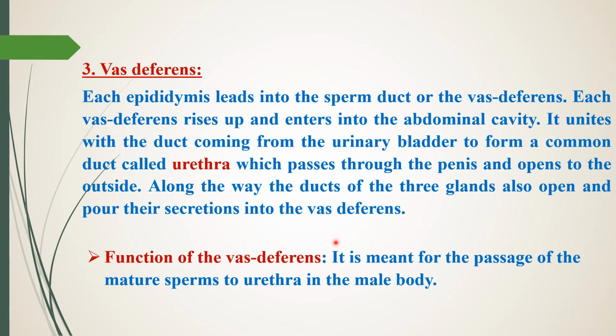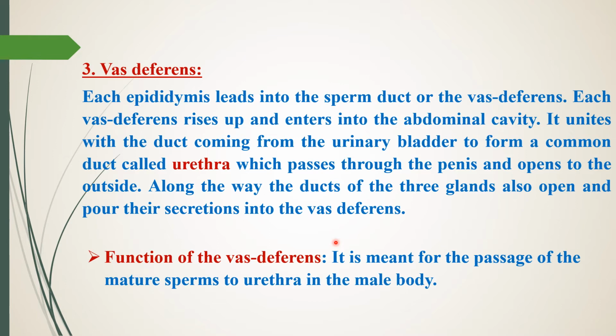सो वास डिफरेंस क्या है, तो उसमें मैंने बताया था जो एपिडिडाइमस से एक ट्यूब लाइक स्ट्रक्चर ग्रो कर रहा है वो वास डिफरेंस होता है, और वो एब्डोमिनल कैविटी की साइड रन करता है और यूरिनरी ब्लैडर तक जाता है और वहाँ पे एक कॉमन पैसेज बनाता है for the sperms as well as urine, or this is called the urethra, and this passes through the penis. और जो urethra है वो पेनिस तक पास होता है and open outside.